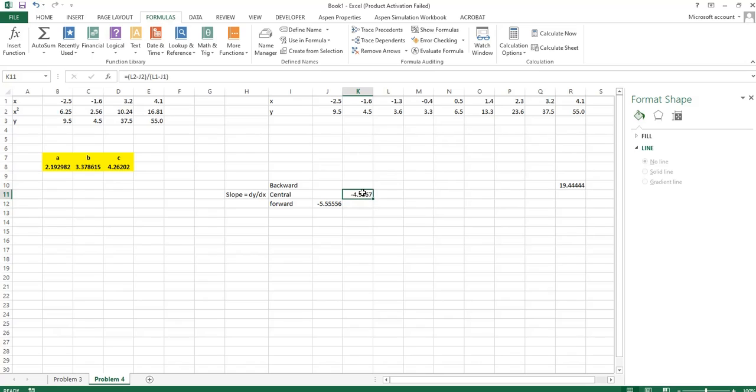Now this is the value for the slope at this point. So I can now drag this to this point. Now I've gotten the slope at these 2 points. So this is how the slope is gotten.